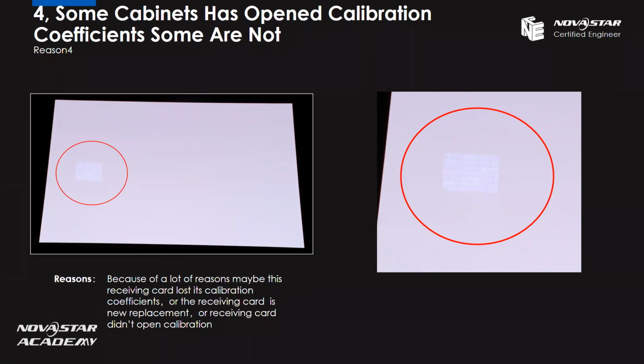Maybe this receiving card lost its calibration coefficients, or the receiving card is a new replacement without calibration coefficients. So when we encounter this problem, what can we do next?